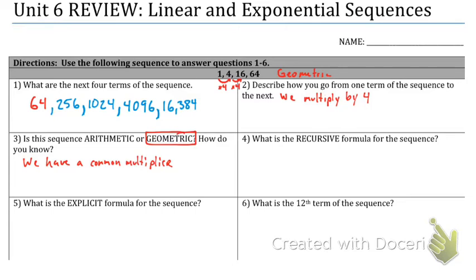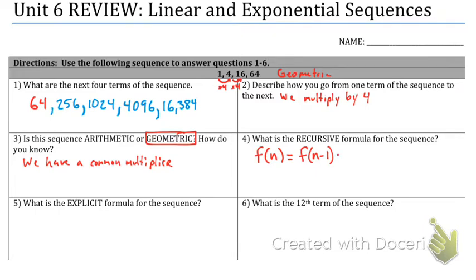What is the recursive formula for the sequence? If you remember, the recursive formula involves 2 parts. We're going to do the function form, so we have f of n. When we're doing recursive, it always starts with the function and then n minus 1 in parentheses. Then here we put what we're doing, which is multiplying by 4, our common multiplier.